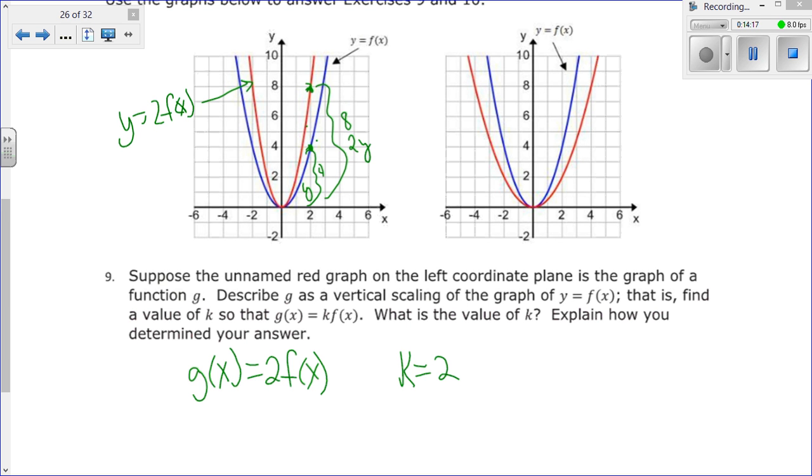By comparing points on the graph of f to points on the graph of g, you can see that the y values on g are all twice the y values on f. So you could take any point. So here's a point, and on the blue graph, my y value is 1. On the red graph, it's 2. It's twice that. Okay?